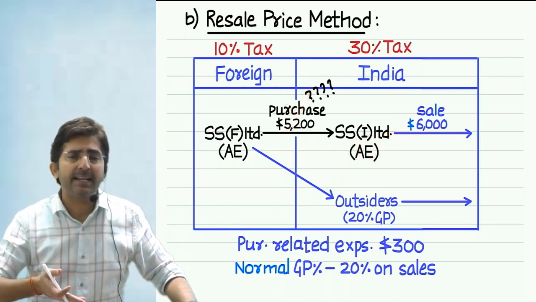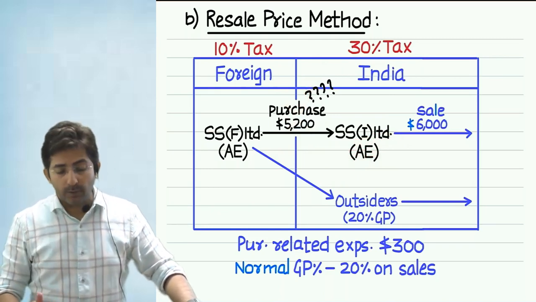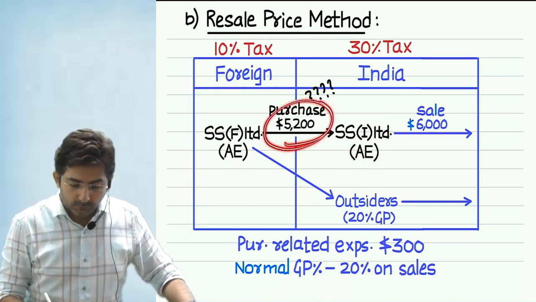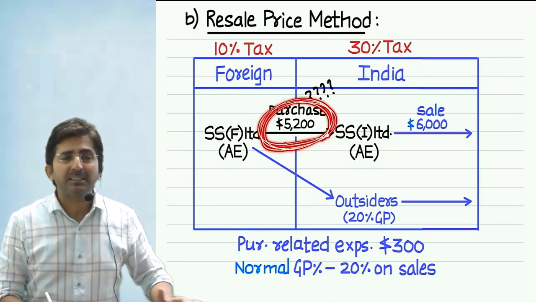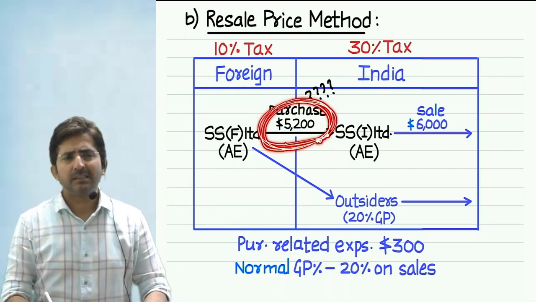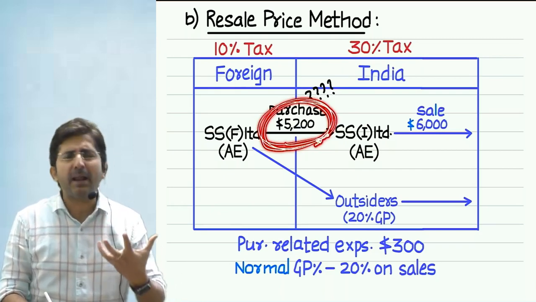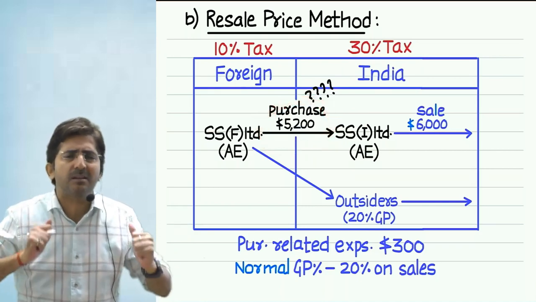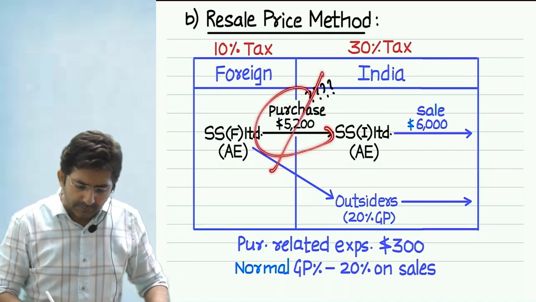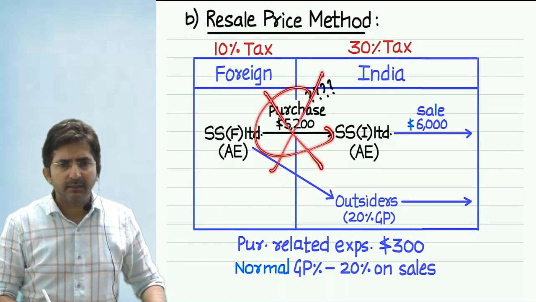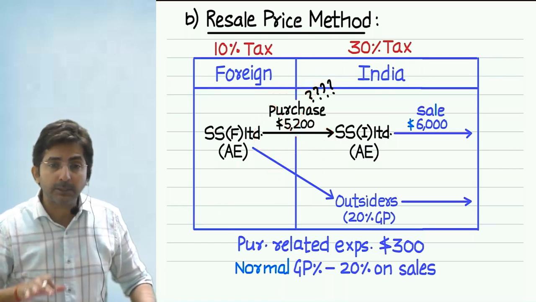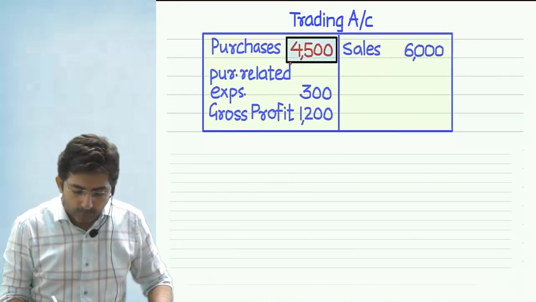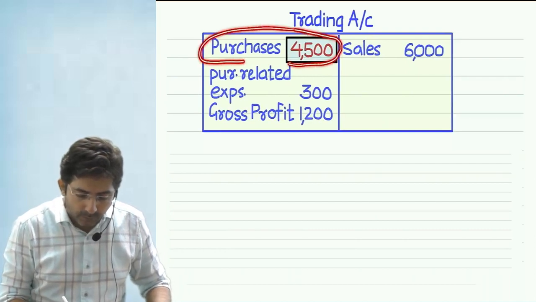Now you will wonder, why a balancing figure? We know this, but it is not trustworthy. I want to know the genuine price. The genuine price we don't know, right? This we know, but it is false. So to find the genuine purchase price, I am relying upon the balancing figure of the trading account.